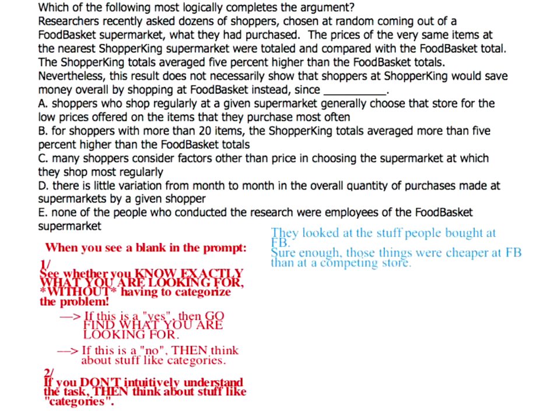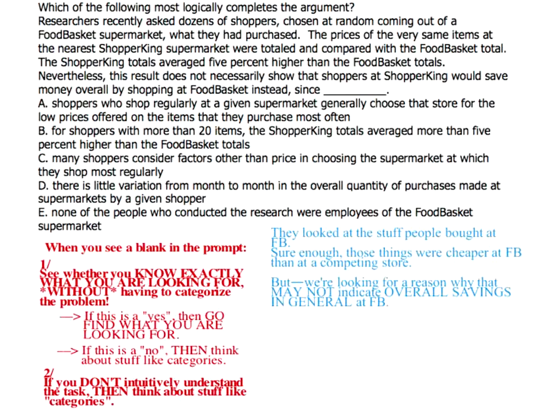But what are we looking for? Well, we're looking for a reason why that may not indicate an overall savings in general at Food Basket. Again, this kind of problem, if you tried to go the classifying route here, you're going to have to do a lot of acrobatics that you don't really have to do.